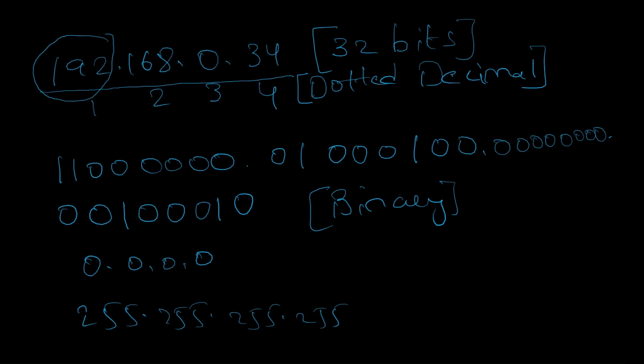Let me justify this range. If you put all zeros in all four octets, we get 0.0.0.0, and if you put all ones in all four octets, you get 255.255.255.255. Each octet varies from 0 to 255.